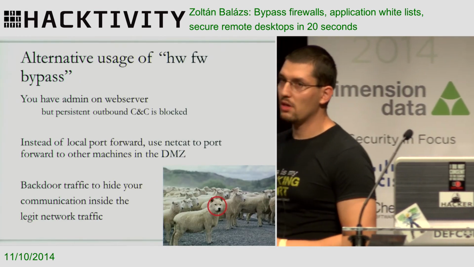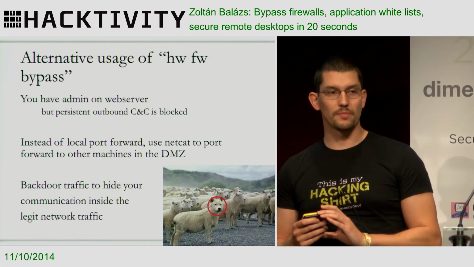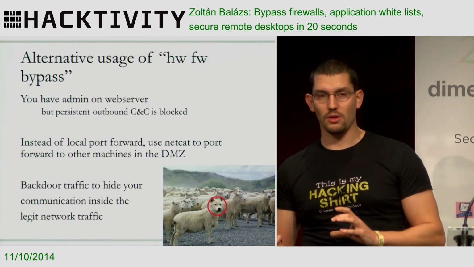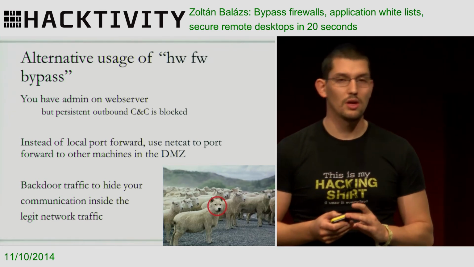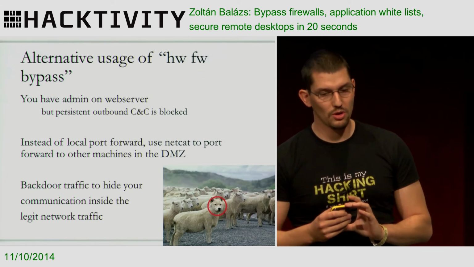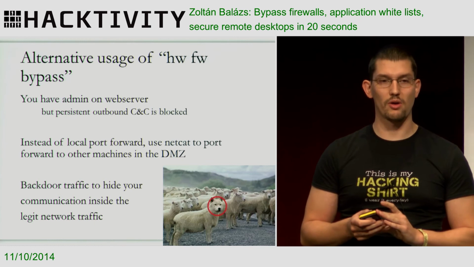Again, this tool can be used in an awful lot of different scenarios. For example, let's say that you hack the web server and you already have admin privileges there, but you cannot do your persistent command and control channel because of the restrictive hardware firewall.